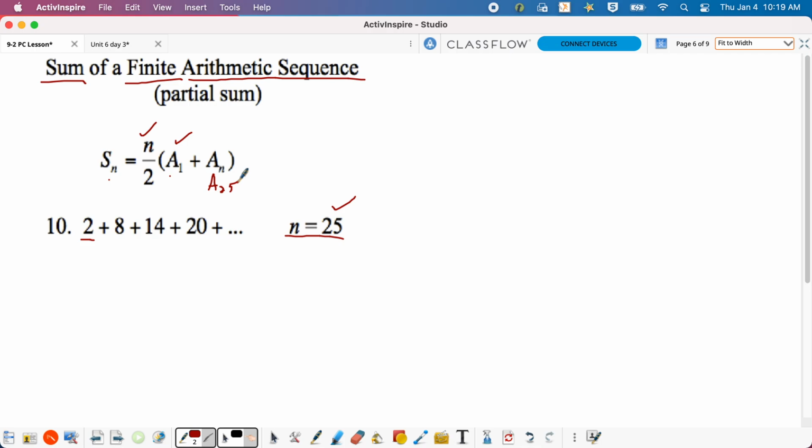So I'm going to go to my other formula. I have the first term and the number of terms, and looking at it, I have a difference of 6. I can find my 25th term. So there's going to be multiple times where you have to go back and forth between your two formulas.